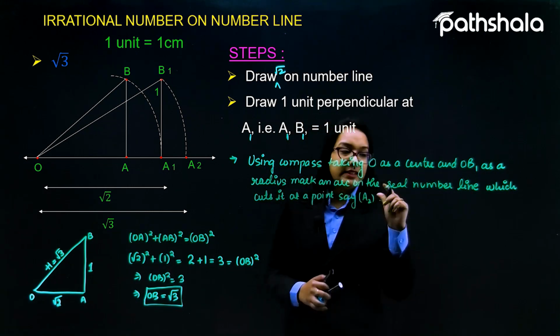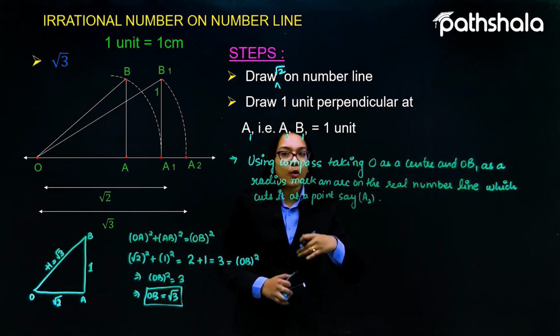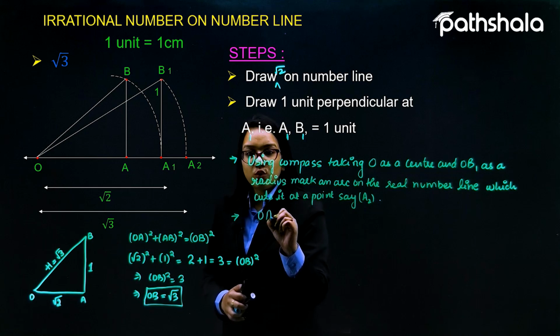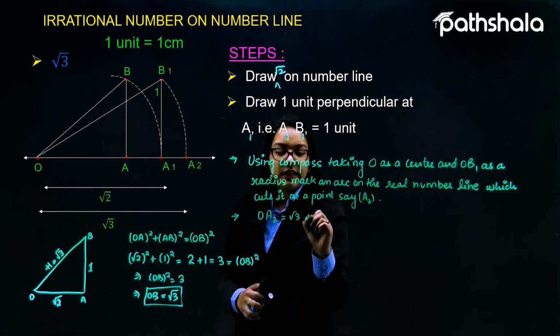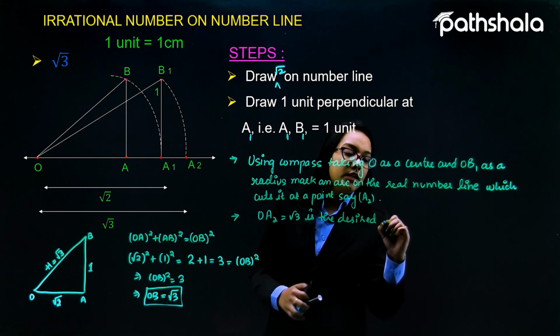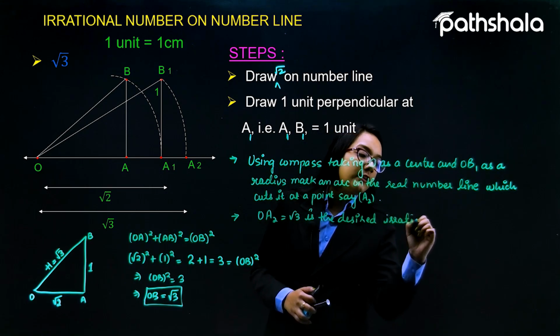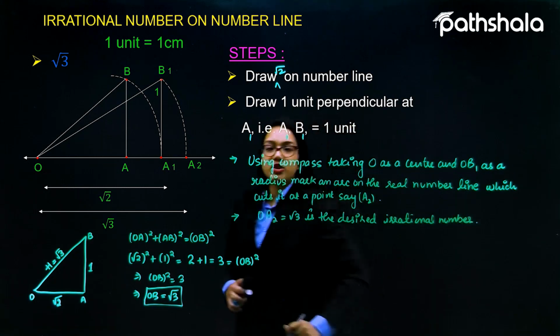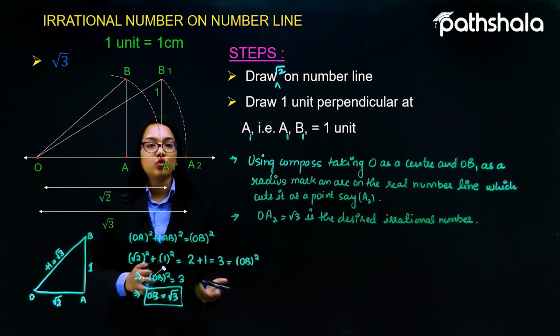Let us suppose it is intersecting the number line at the point A2. So at the end, OA2 is equal to root 3, the desired irrational number.